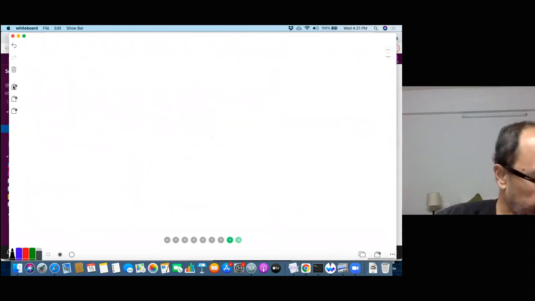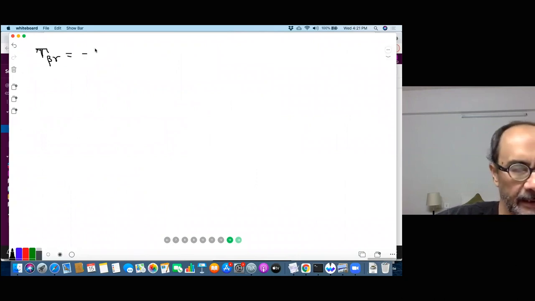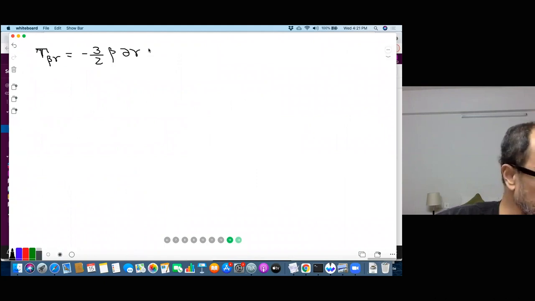Okay. Now some more information. The energy momentum tensor describes the response of these systems when you change the background two-dimensional metric. So T beta gamma is minus 3/2 beta del gamma.